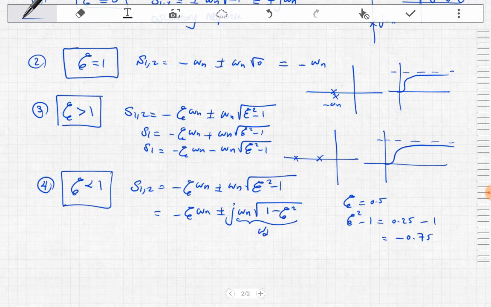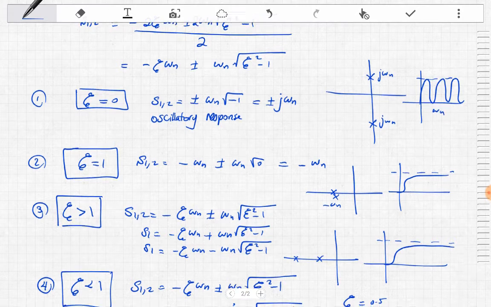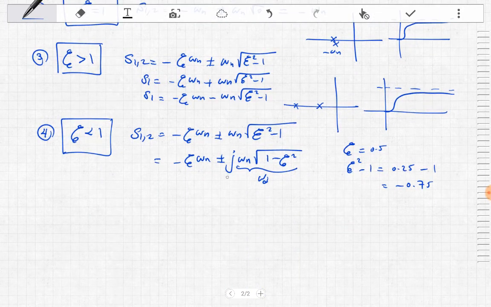Why? Because the imaginary part always represents frequency. Look at when eta equals 0: you got plus or minus j omega n, so the frequency is omega n. Then when eta is less than 1, I got j omega n times the square root of 1 minus eta square. That's the new frequency.